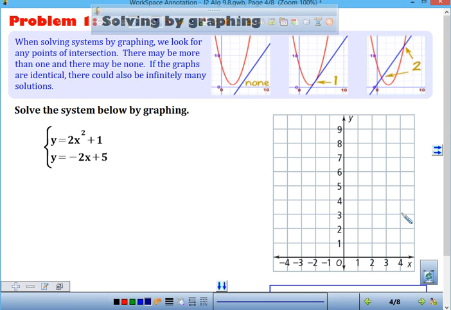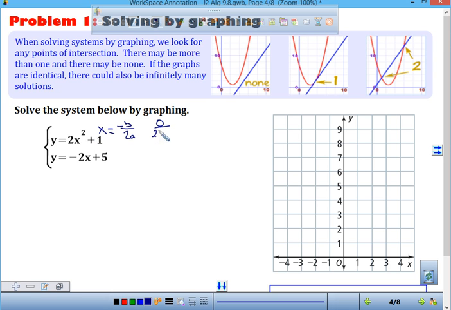How do I graph 2x squared plus 1? The quadratic. How do you graph quadratics? We just took the test on it. Yeah, negative b over 2a, to find the vertex. Very good. That's going to give you the x-coordinate. So what's b? B is 0. There is no x value.